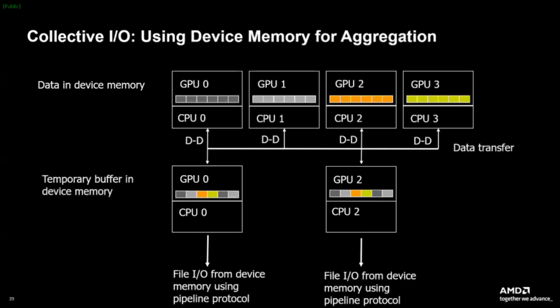On the other side, if you perform the data aggregation in GPU memory, you can take advantage of the GPU IPC mechanisms, which typically have much higher bandwidth, at least for intranode scenarios. But then the actual file I/O operation will have to rely on the same pipeline protocol that we discussed for individual file I/O operations, right? So it's a trade-off. None of these solutions is optimal within this setup.